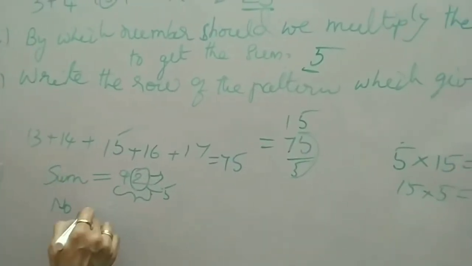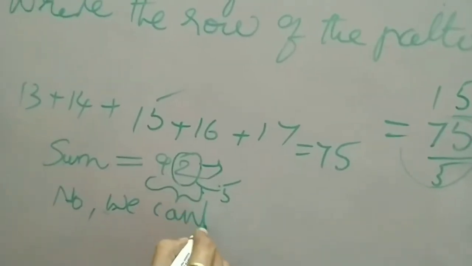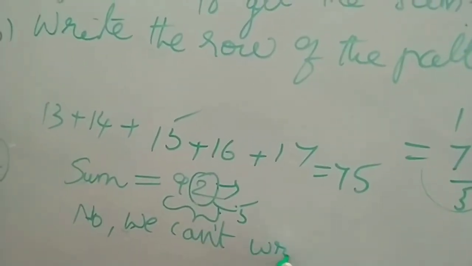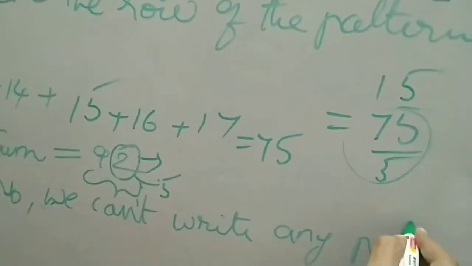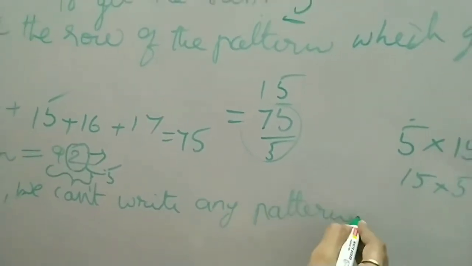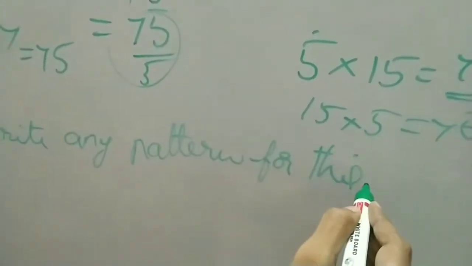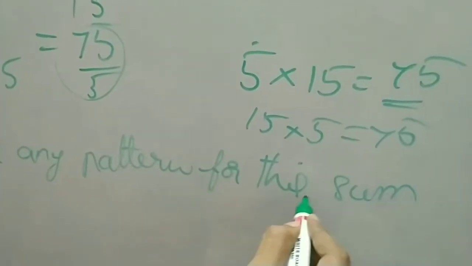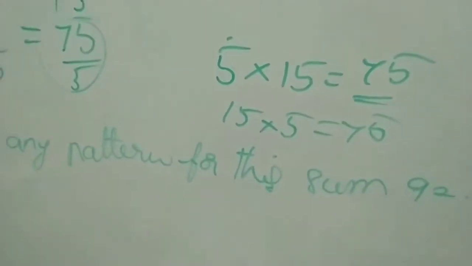We can't write any pattern for this sum, 92. Why?